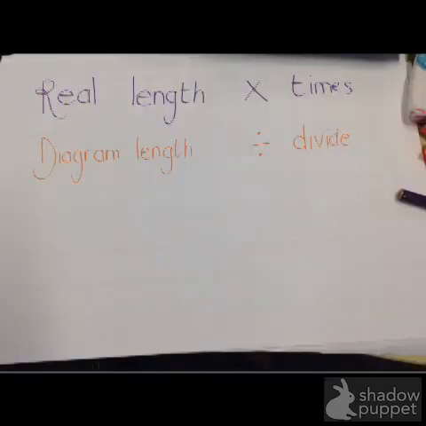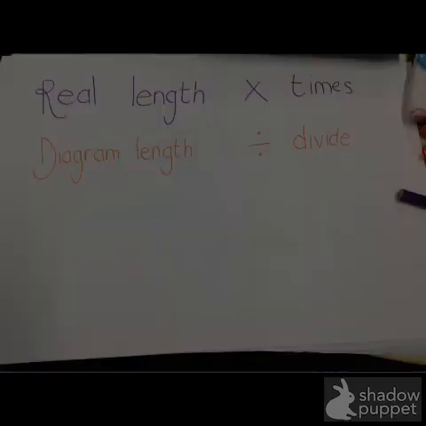And therefore you must what? Divide. Okay, so always remember that. You can write that down too. And I think I've written it down here. The real length means please multiply. Okay, it gets bigger. The diagram length says divide. So always read your question to see whether you need to make your number bigger or smaller.